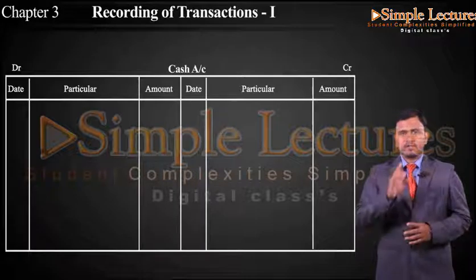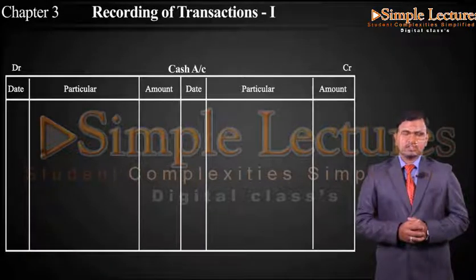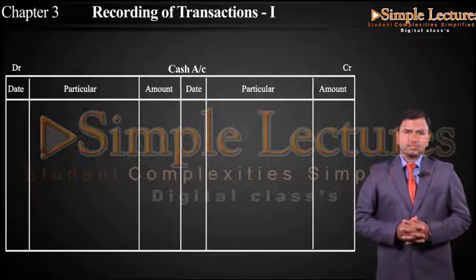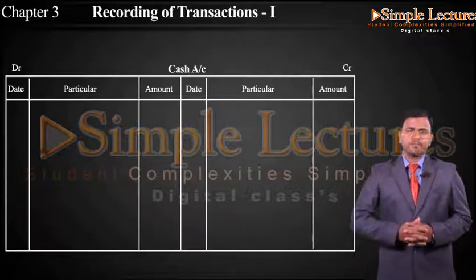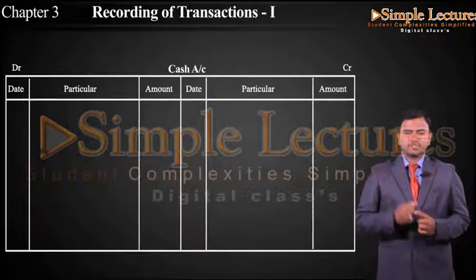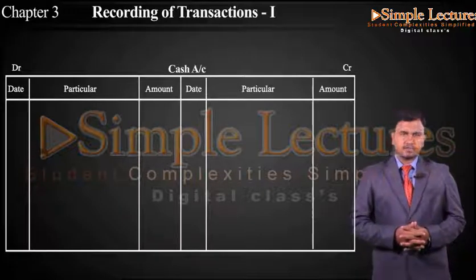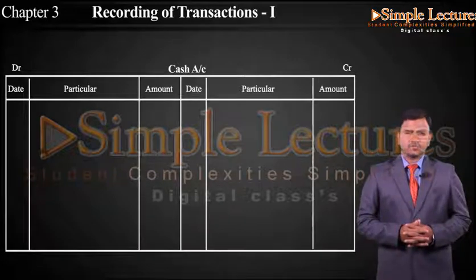Coming to the first entry in the journal account, we have on Jan 1st the journal entry: cash account debtor to capital account, 1,65,000 debit and 1,65,000 credit. Here the cash was debited, and it is towards the capital.